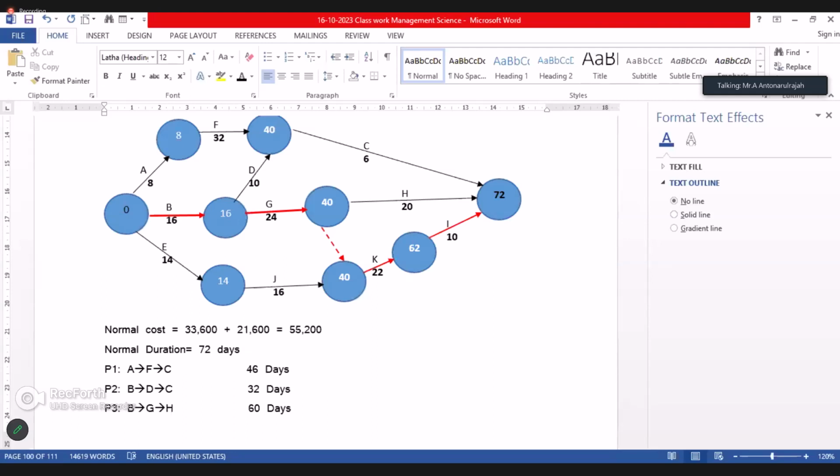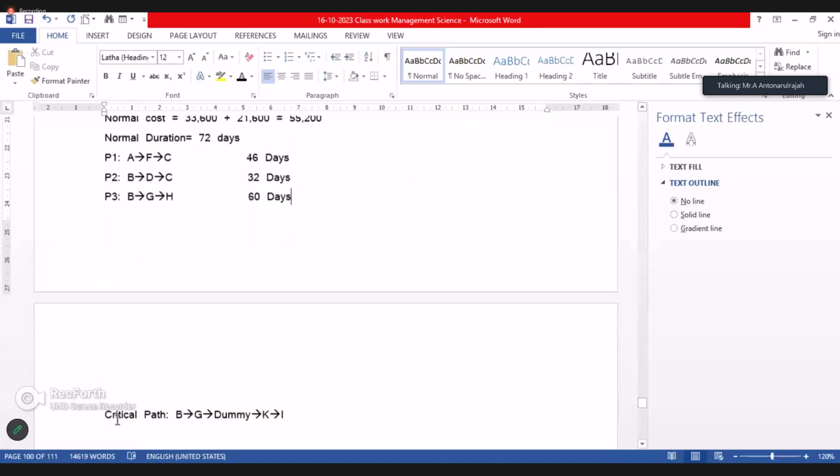Right? Then the critical path. P4 is a critical path.